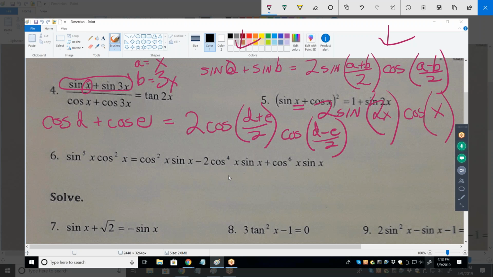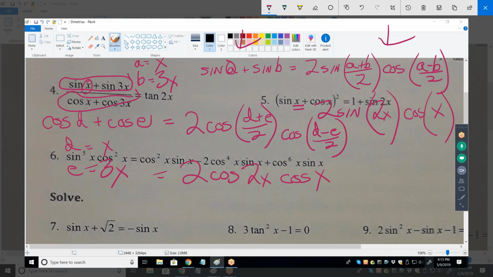So, our denominator, what is delta? x. What's epsilon? 3x. So if we plug that in, we get 2 cosine of (x plus 3x), which is 4x over 2, which is 2x. And then cosine of 2x over 2, so x. All right.